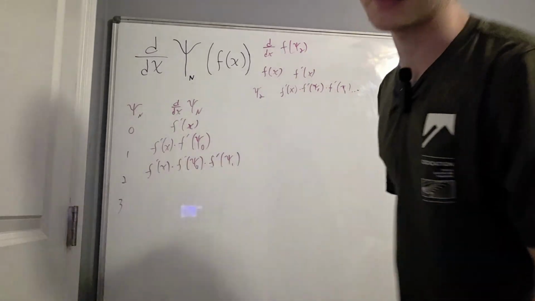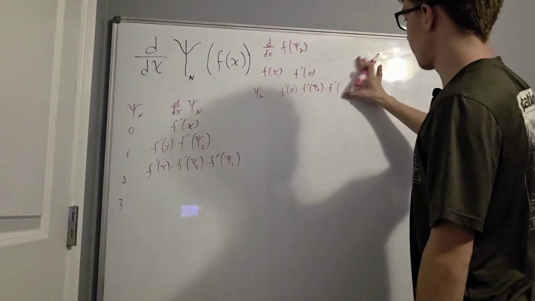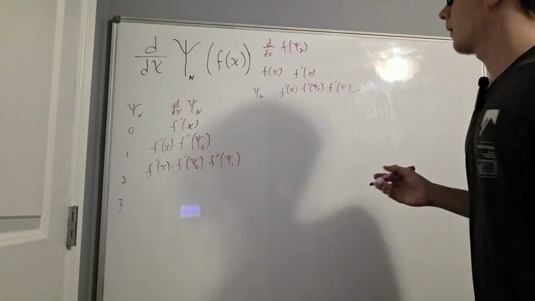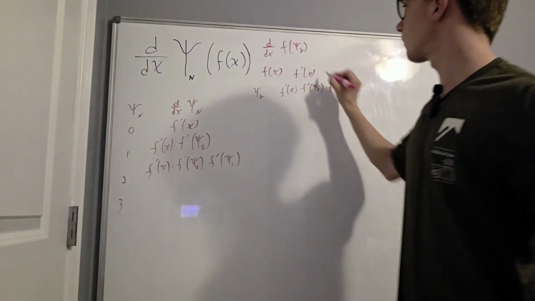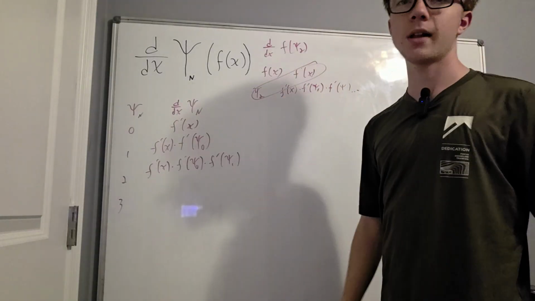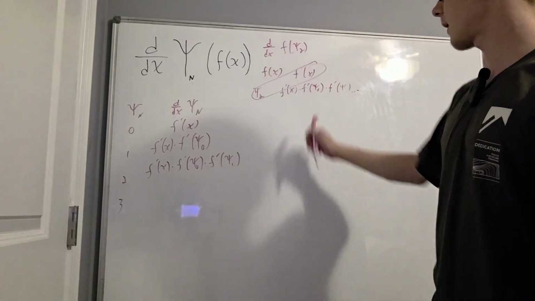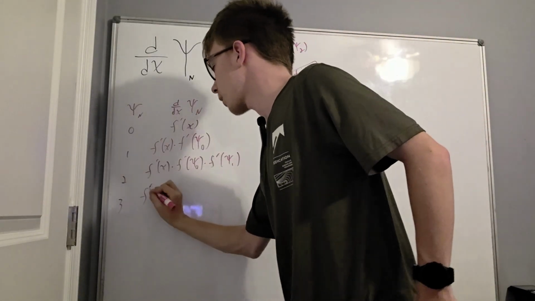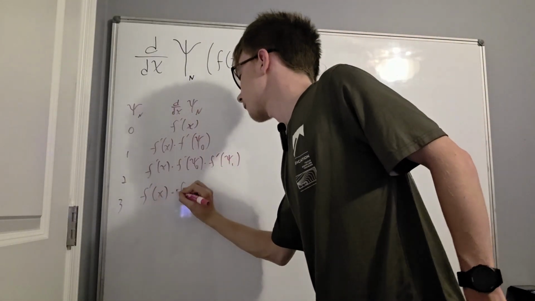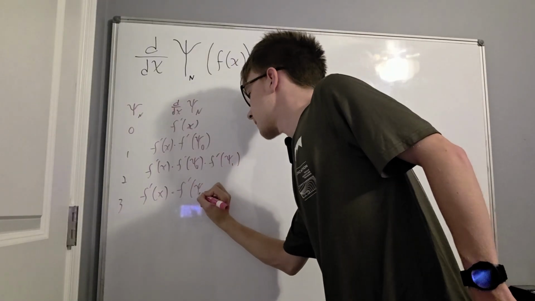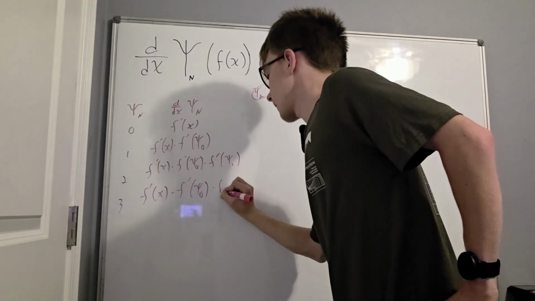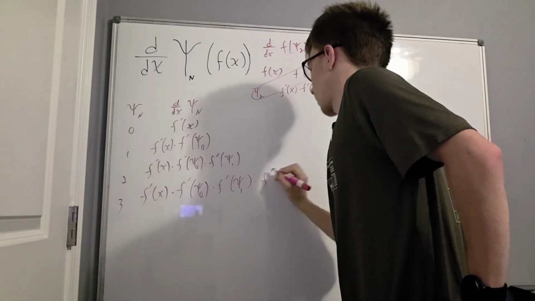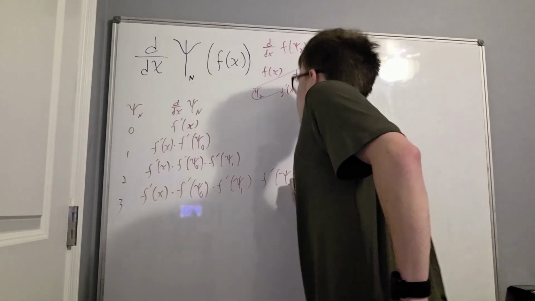This is very messy, but you get the idea. It's all the same. Okay, so from here, look at that. We're just multiplying by f prime of psi 2, which is just going to be f prime of x times f prime of psi 0 times f prime of psi 1 times f prime of psi 2.